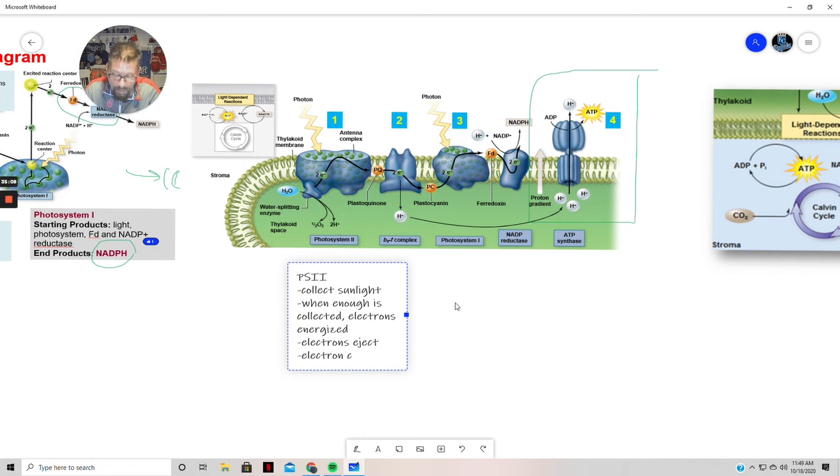Electron carrier grabs electrons, transport to PS1. Okay, so there we go right there.